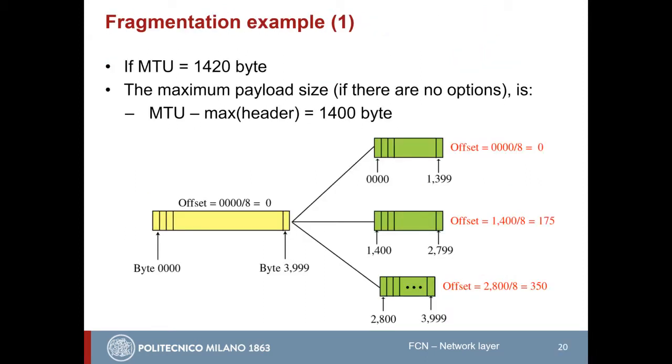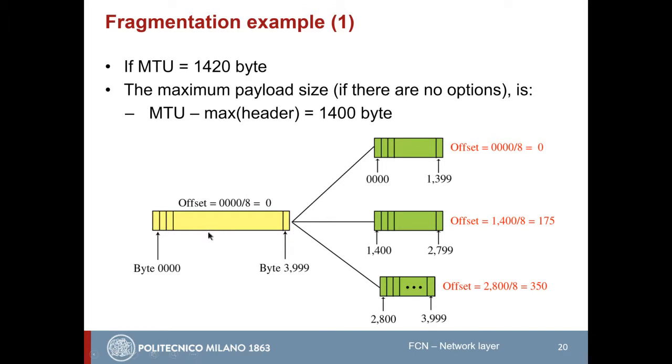Now let's consider a complete example. So imagine that here we start with a certain packet. The packet contains a payload of 4,000 bytes. Remember that you always have to number the bytes only in the payload.